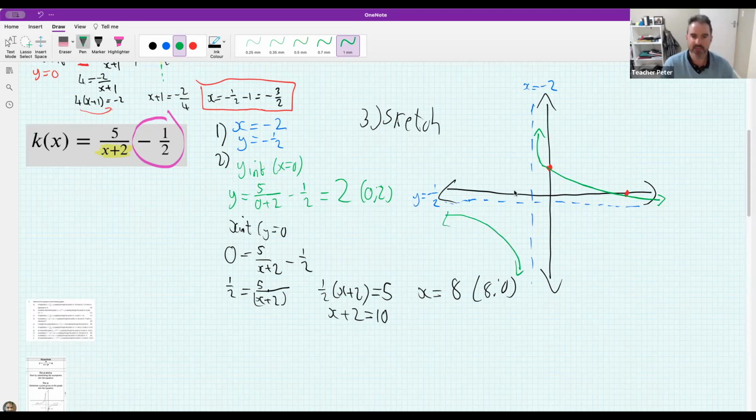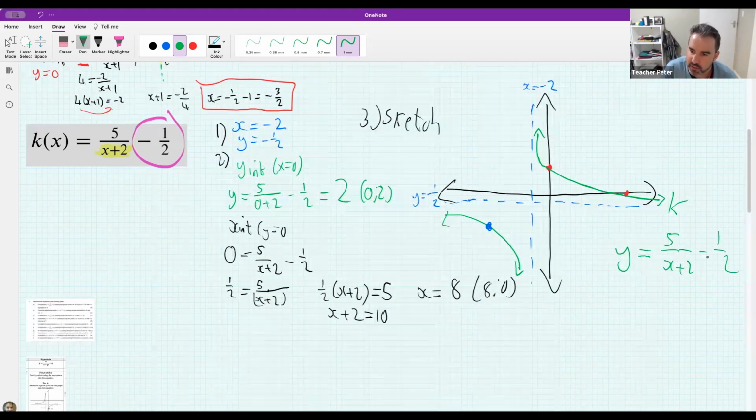Now, sometimes we have to label another point on this hyperbola. So this hyperbola was called K, and the equation of the hyperbola was y equals 5 over x plus 2 minus a half, or actually they wrote it as K of x.